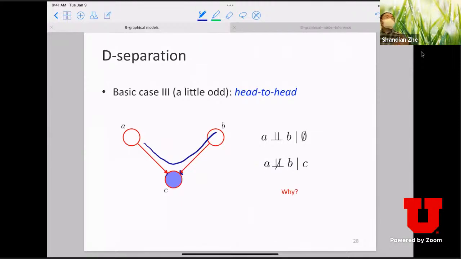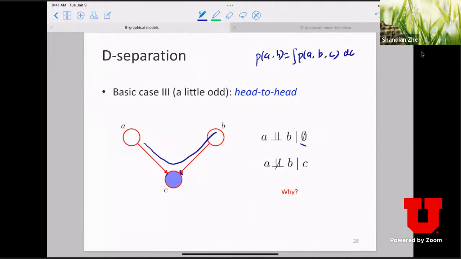And in this case, the conclusion is opposite. Basically, if we condition A and B on nothing, then A and B are independent. This is fairly easy to see, because if you look at P of A and B, you do the joint probability.